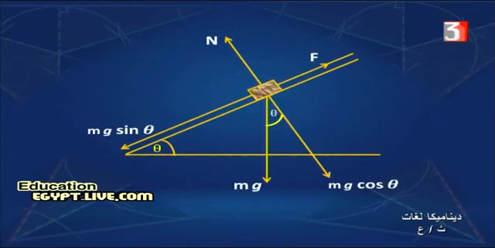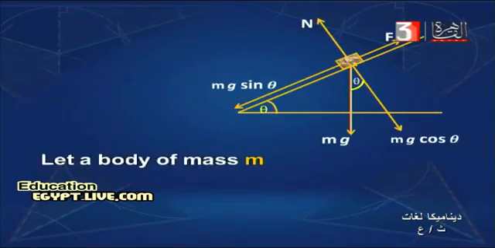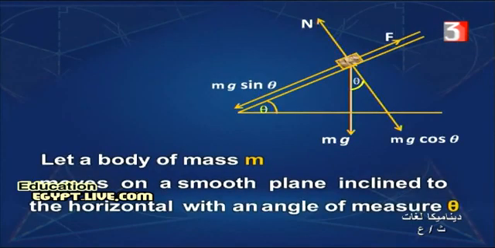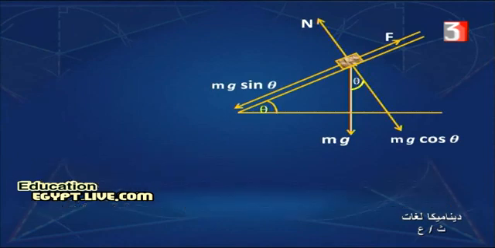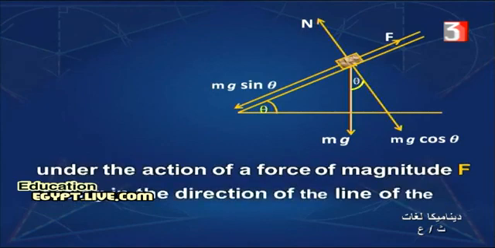Then we note that the body is under the action of the following three forces. Number one, the force F acting in the direction of the greatest slope of the plane upwards.